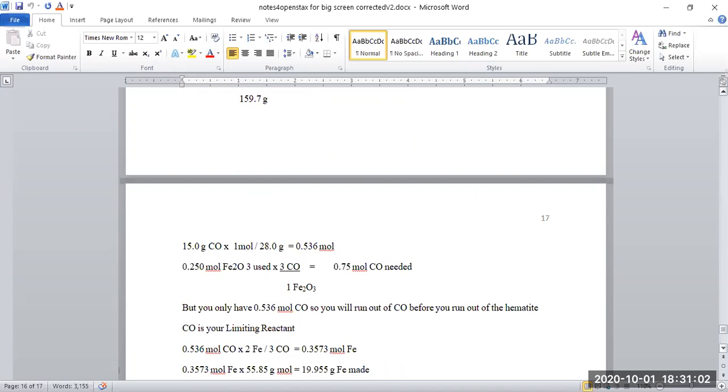I took my number of moles, I did my 3-to-1 ratio, make sure you are using the balanced reaction numbers. And it says, oh, I need 0.75 moles of carbon monoxide to go with this. Well, okay, that doesn't work. I don't have that much. I only have a little over half a mole, 0.536.